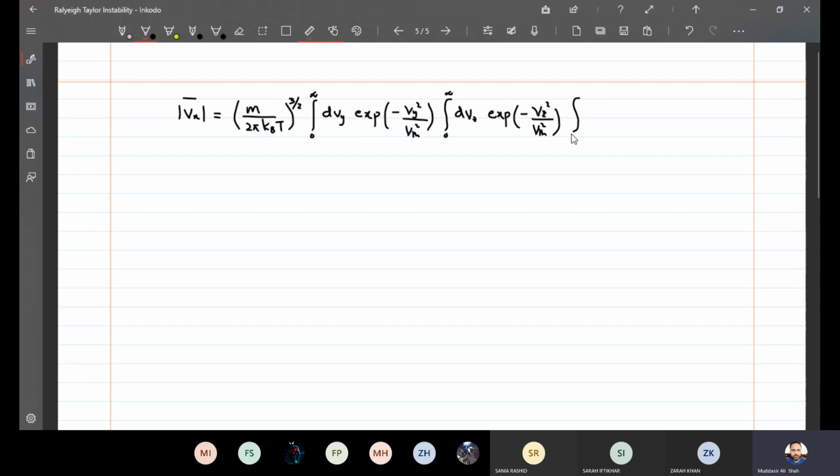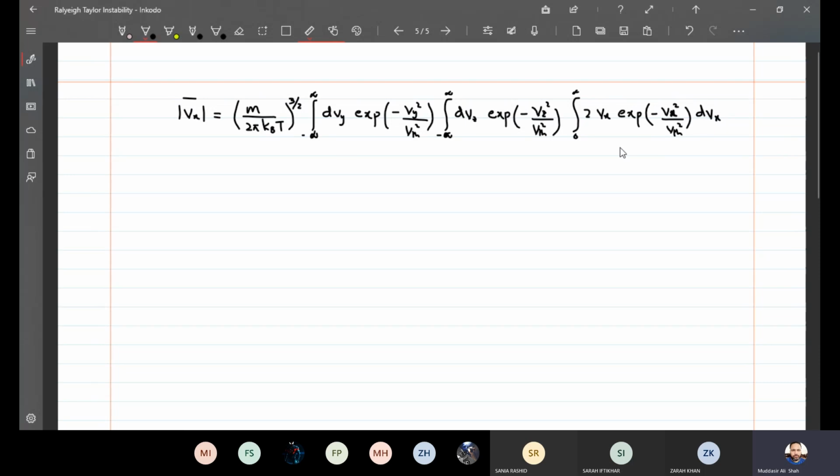Here I have to write minus infinity to infinity for these, and for Vx, 0 to infinity 2 times Vx exponential minus Vx square by V thermal square dvx.